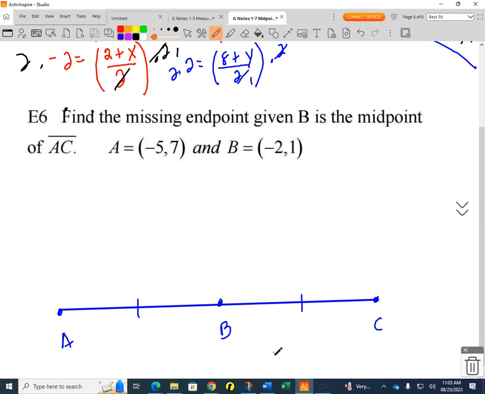I'm going to go ahead and put my ordered pairs with the points on the segment here. And now C is what I don't know.